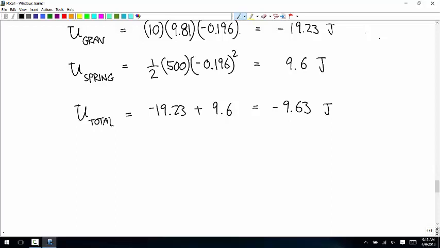So that's how you calculate potential energy. Why do we care about potential energy, you may be asking yourself. I'm about to blow your minds.